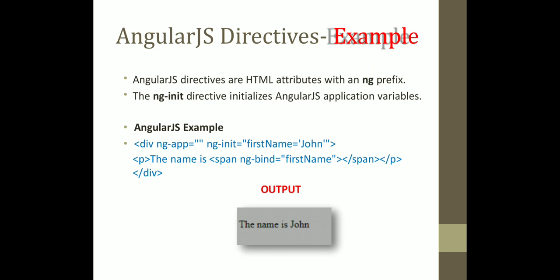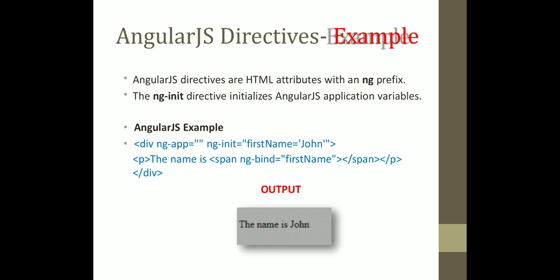The AngularJS directives are HTML attributes with the ng prefix as told before, and the ng-init directive initializes AngularJS application variables. The AngularJS example we can see here. We have used a div ng-app ng-init in a single directive. ng-init is given firstName equals John, the value for the variable is given as John.